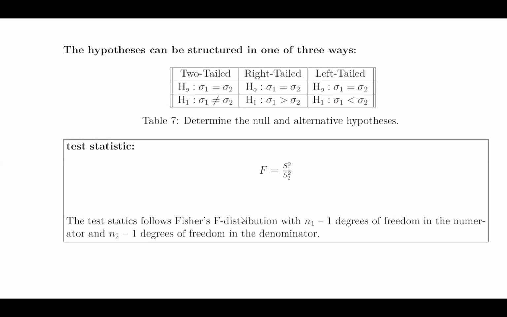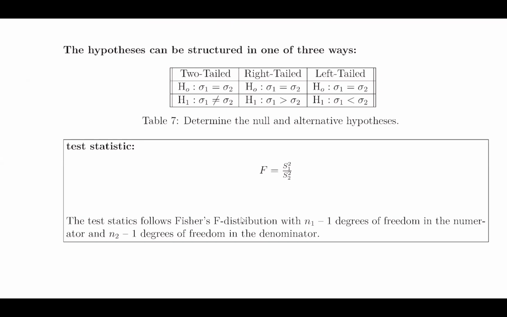The alternate hypothesis, H1, says sigma 1 is not equal to sigma 2, or sigma 1 is greater than sigma 2, or sigma 1 is less than sigma 2. So it's either going to be a left tail, two tail, or a right tail test.